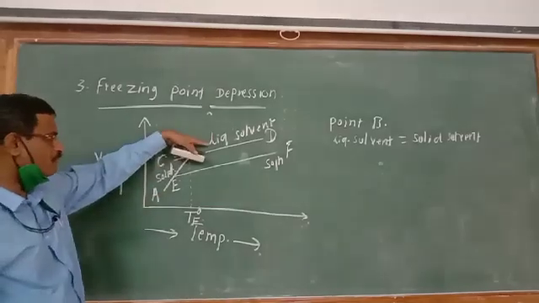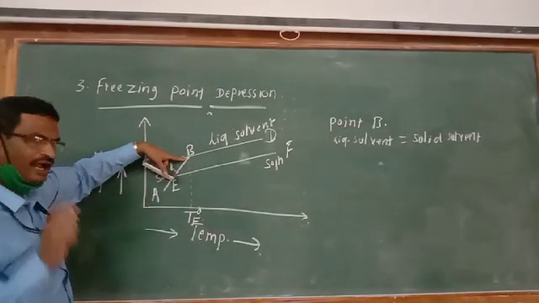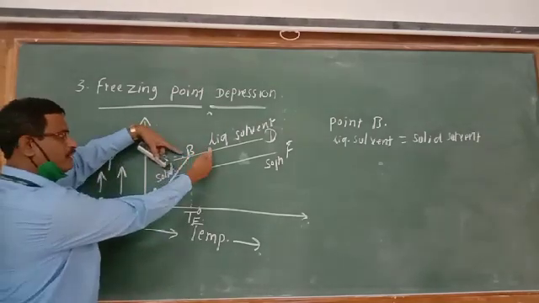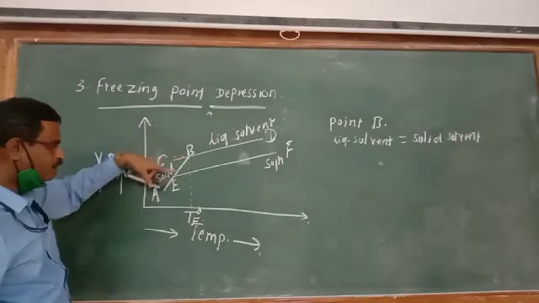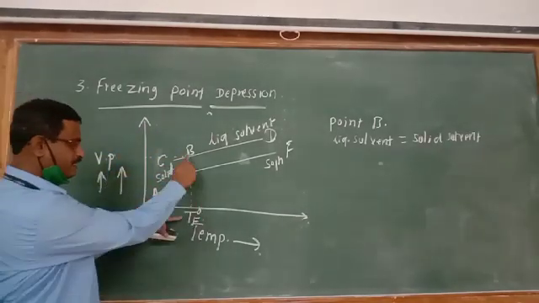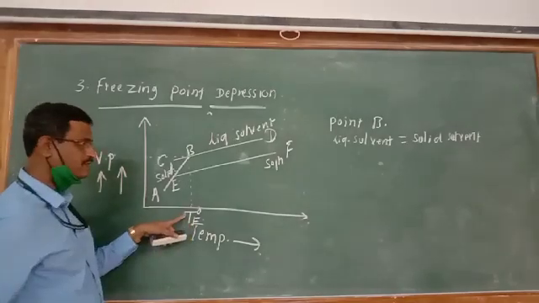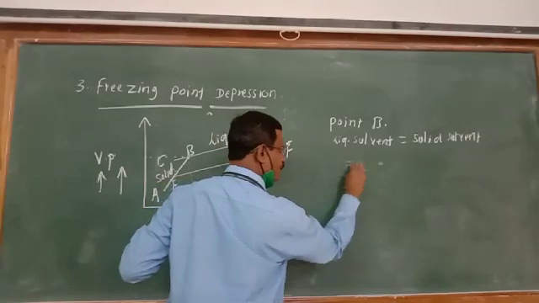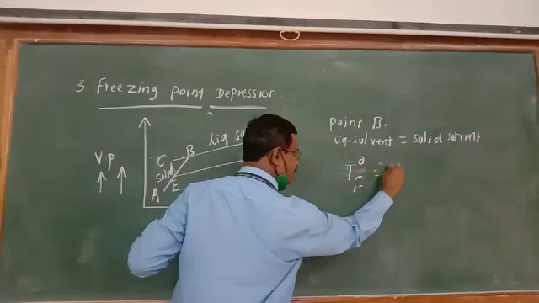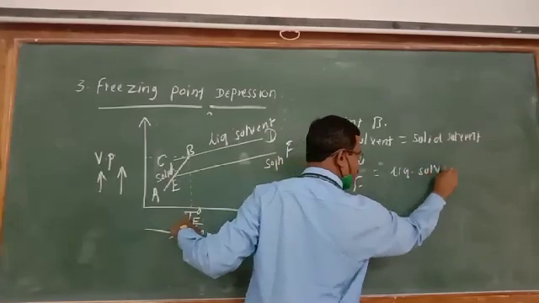The vapor pressure of liquid solvent is equal to the vapor pressure of solid solvent, and at that time the liquid solvent starts converting into the solid state. This is the temperature T0F. Therefore, this temperature is known as the freezing point. T0F is the freezing point of the liquid solvent.